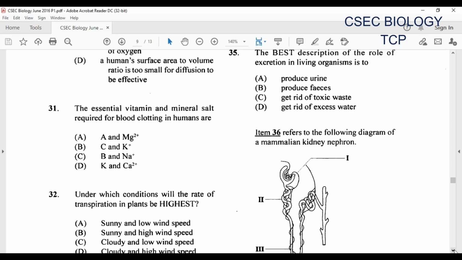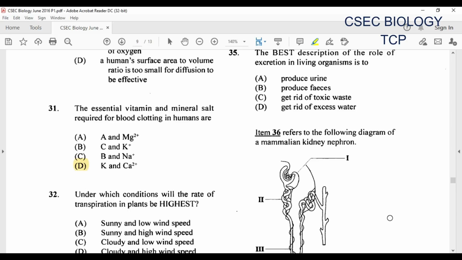Which is going to be your answer? Well, from the textbook, it's always going to be D, which is of course vitamin K for blood clotting, and of course calcium.